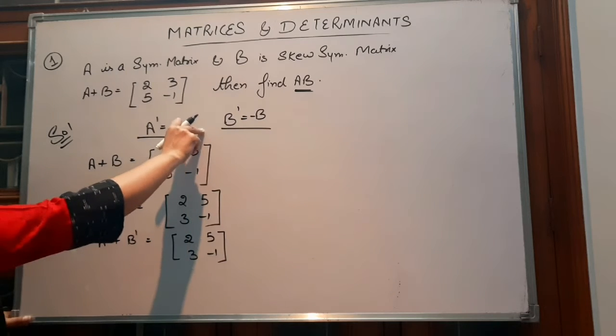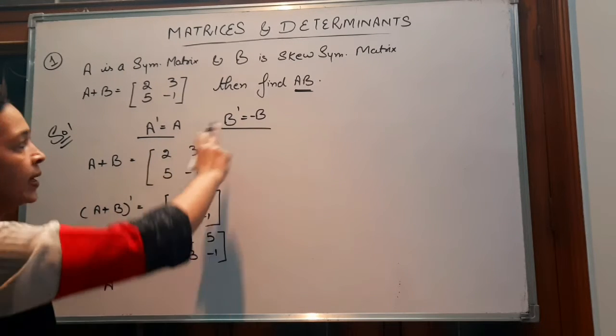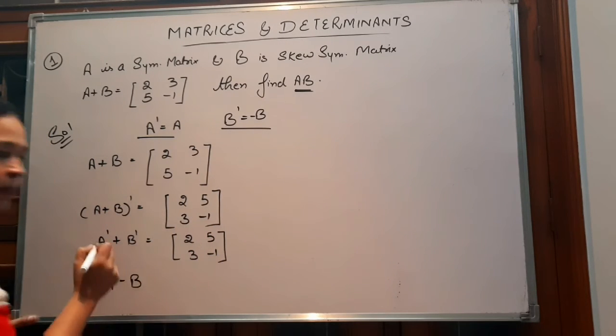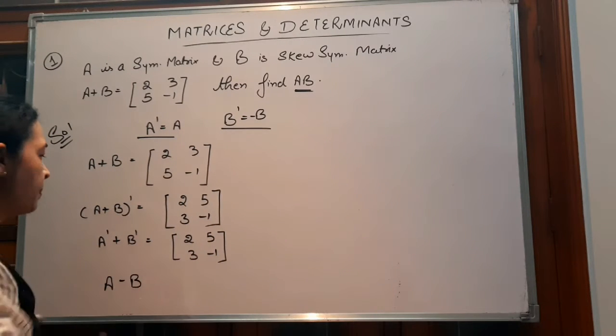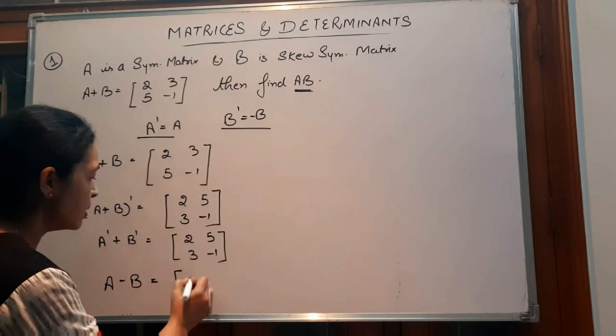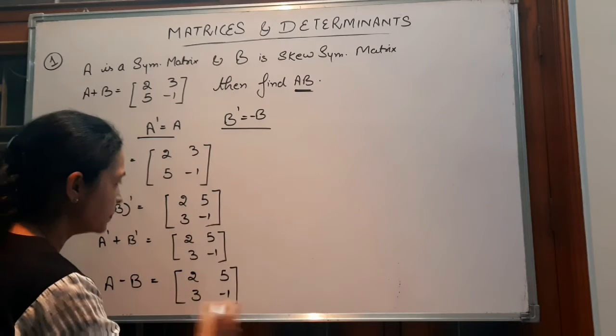What is A transpose? In place of A transpose we can write A. And what is B transpose? Minus B. In place of B transpose we have written minus B. So what we have got: A minus B is equal to the matrix 2, 5, 3, minus 1.